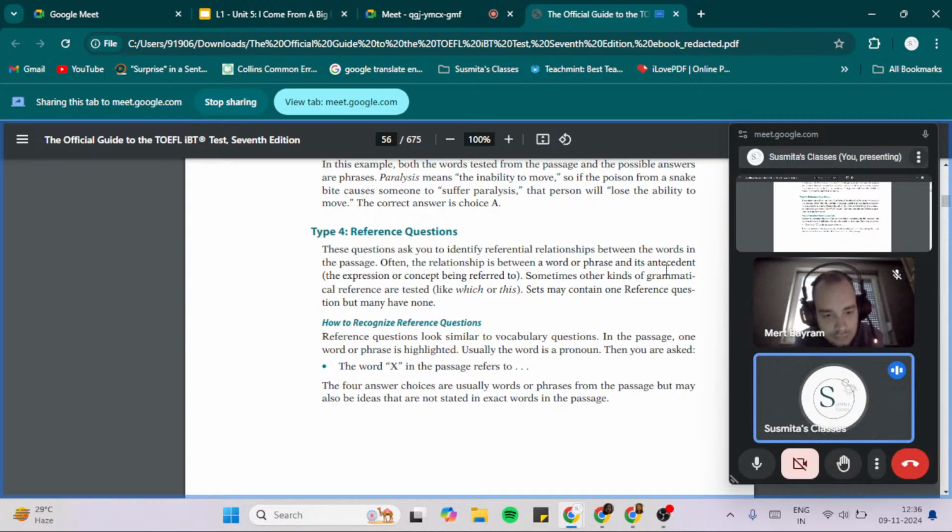Pronouns, as I said, are words which are used to replace the noun. We can't use nouns again and again, so we use pronouns to replace them. Whenever there are big sentences with a lot of things mentioned, we get confused about what this pronoun is exactly being used for.